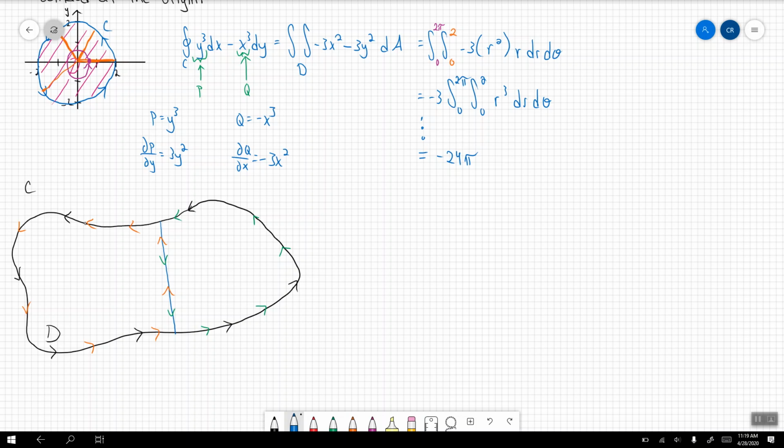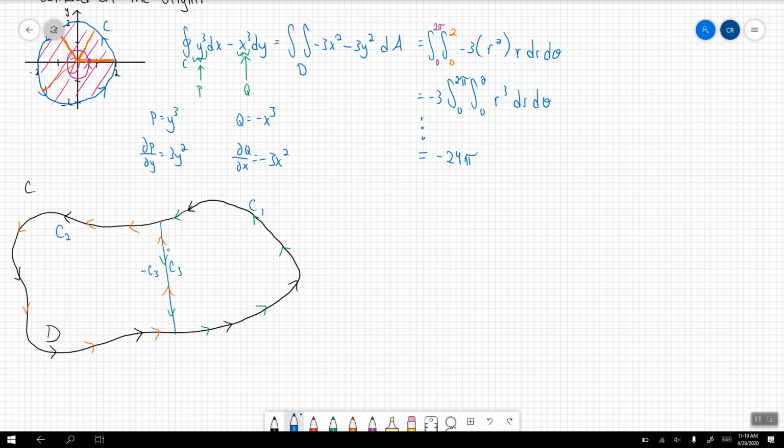This orange piece that lies on the original curve, I'm going to call C2. I'm going to call this outer piece over here on the right C1. And this curve right in here that traverses both directions, I'm going to call C3, and also negative C3. Why is that?